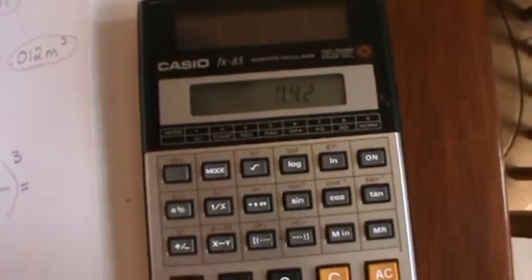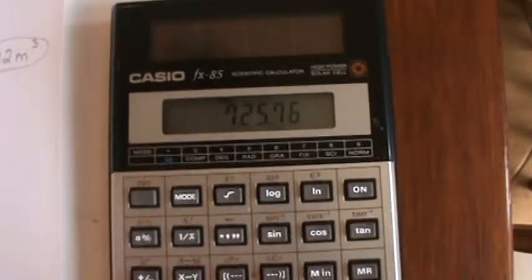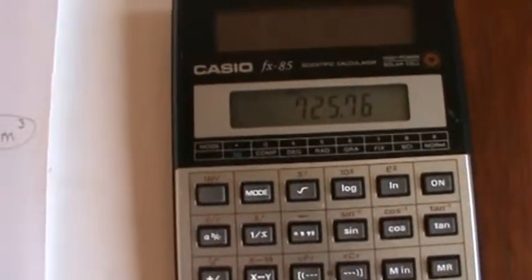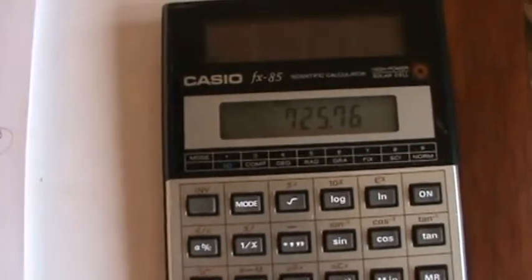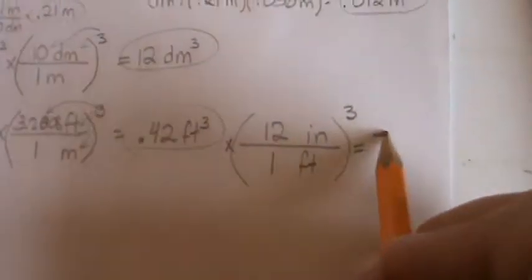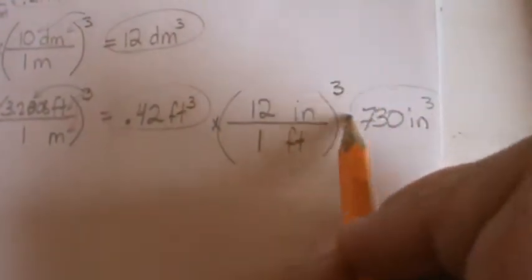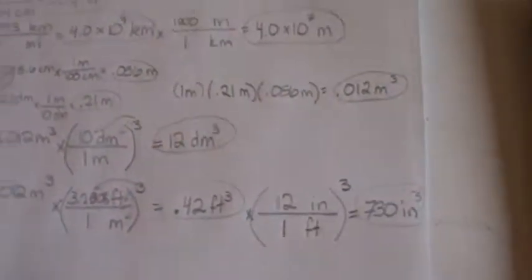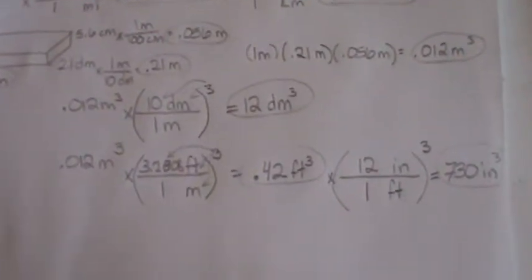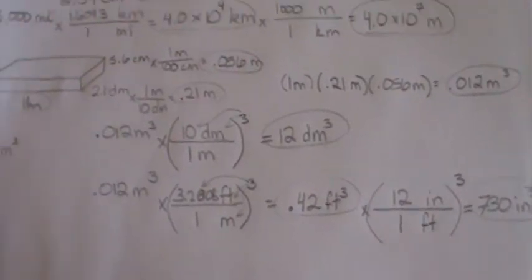Times 0.42. Okay. And I get 725.76. Again, I can only have 2 significant figures, so that rounds to 730. Oh, I'm going to find it down here. 730 cubic inches. Okay, so that is how you do one of those, and those were great practice for how we use a cube in there when we're dealing with volume.